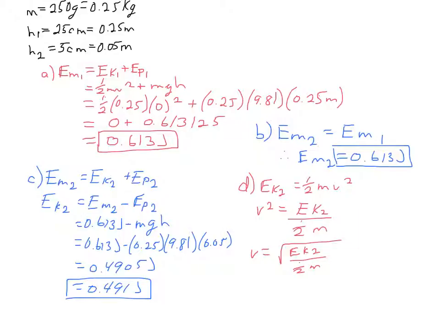So we can plug in our numbers: 0.4905 divided by half times our mass, which is 0.25. If we take the square root of all that, we get our velocity, or our speed, sorry, which is 1.98 meters per second.